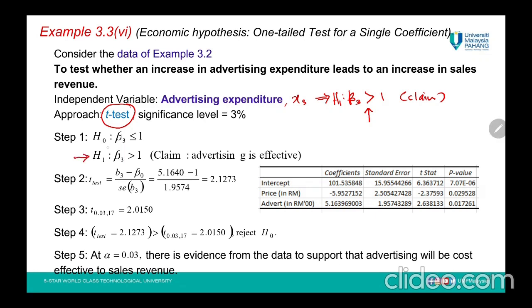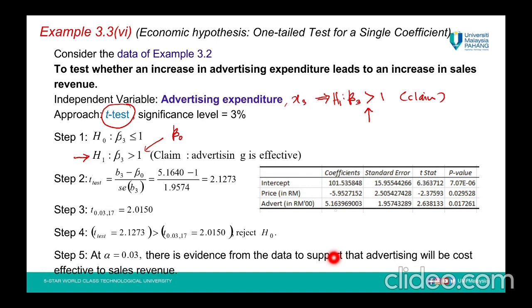So H0 will be beta 3 less than or equals to 1. Remember that 1 here refers to beta 0. This one is a unit for x3. Okay, so now we go to step 2.